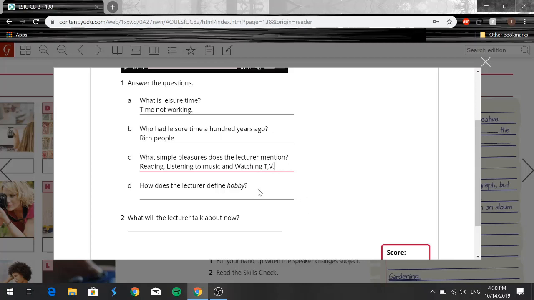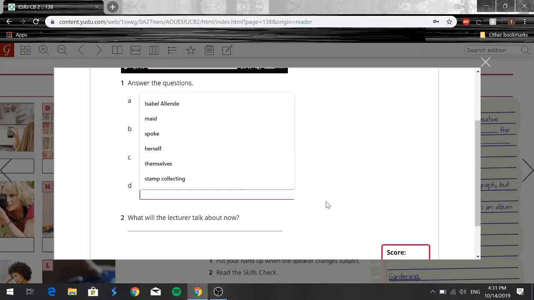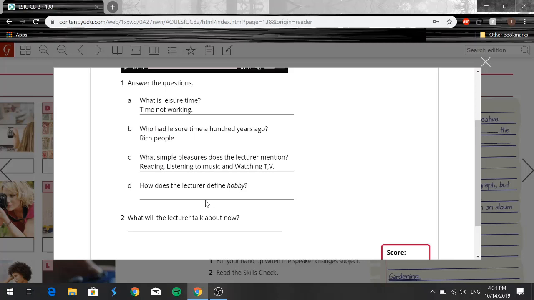So reading, listening to music, and watching TV. How does the lecturer define hobby? We'll definitely say that a hobby is, well, he said that it's a free time activity that's creative and that also involves making something, right?